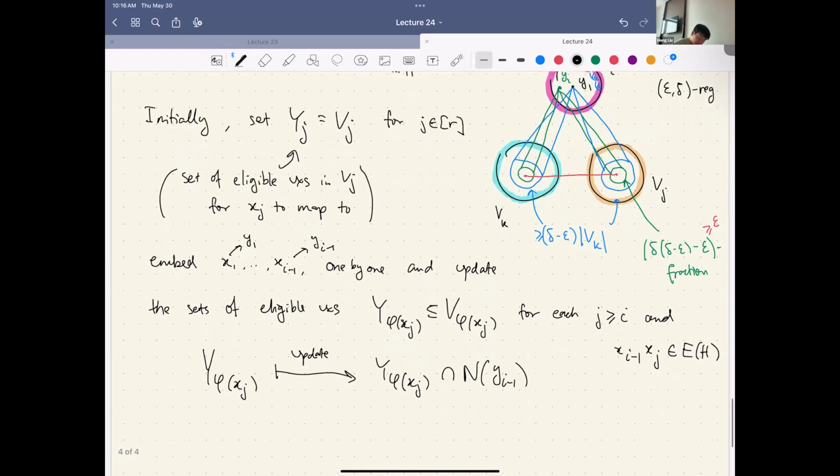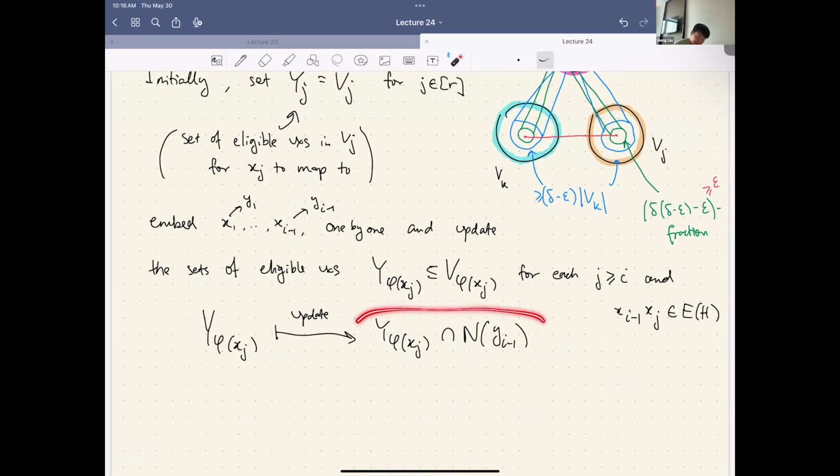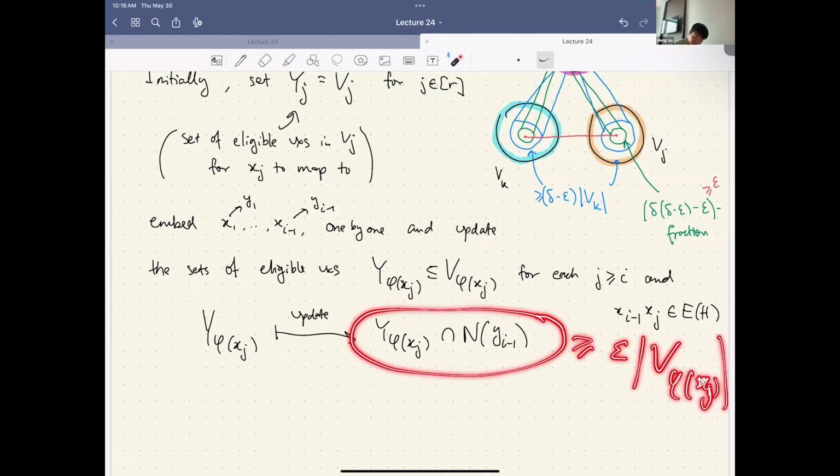Maintaining always, we need to always make sure this updated set is at least epsilon fraction of the original thing.